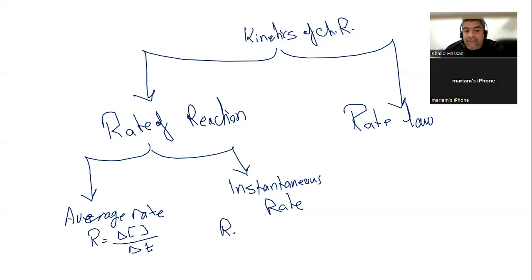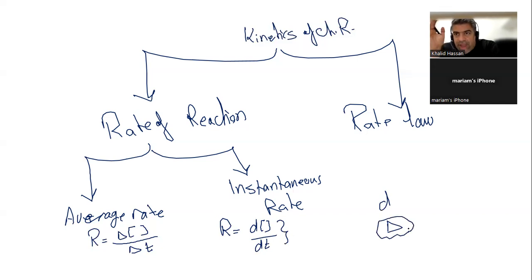So what about this one? We will say that R equals d concentration. We give concentration a lot of expressions: I write it with square brackets, or you can say C or something like that. So it will be d concentration over dt. What does it mean? What is the difference between delta and d? Delta, the triangle, is the difference between the final and the initial state with a measurable value.